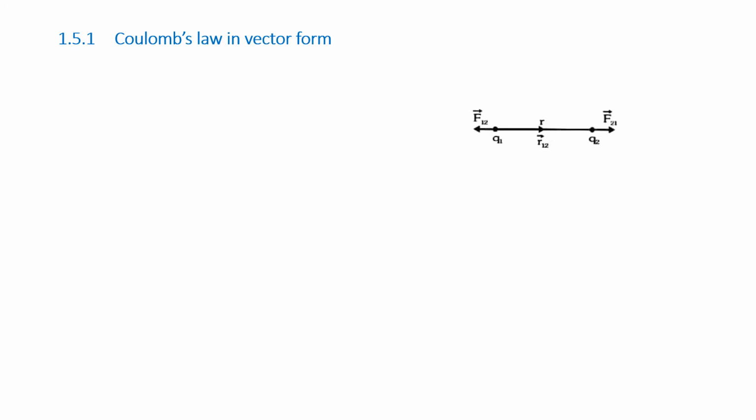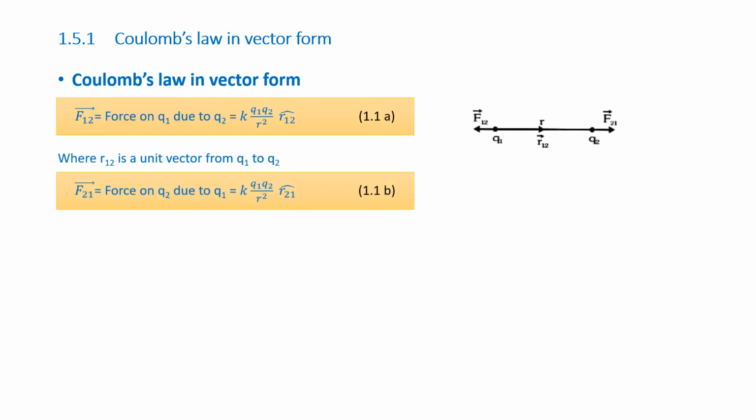F12, which is the force on Q1 due to Q2, is given by Coulomb's law: F12 equals k into Q1 Q2 divided by r square into R12 hat.